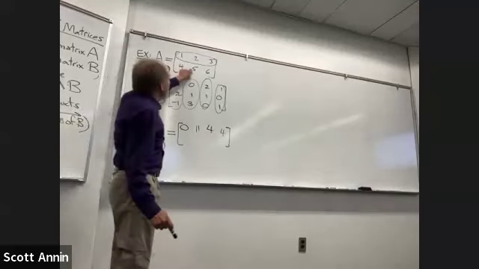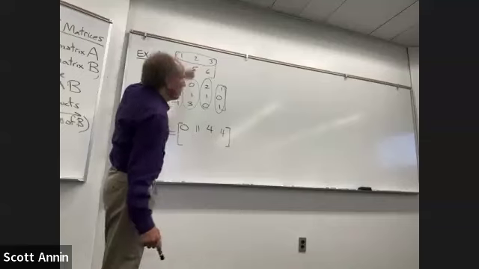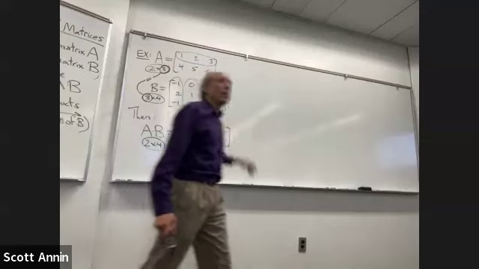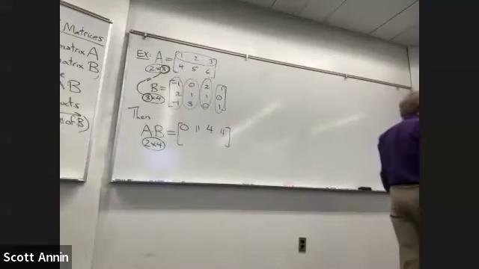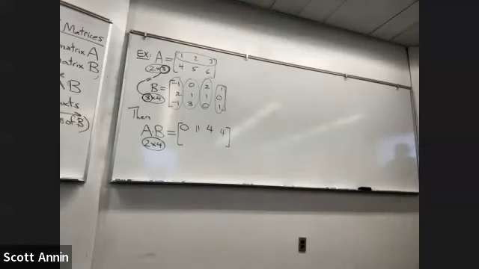So I'm taking 4, 5, 6, and I'm dotting it with each of these 4 columns, and they should be coming up with 4 numbers for that bottom row.